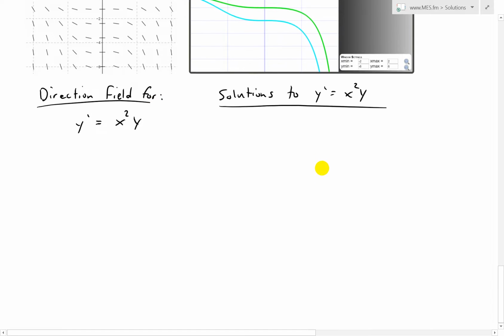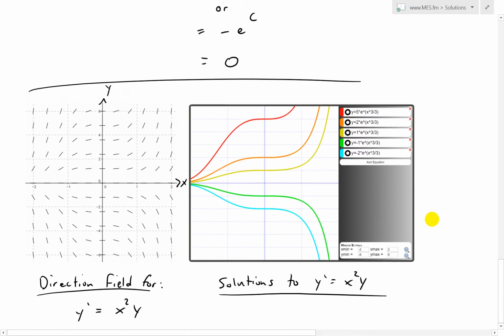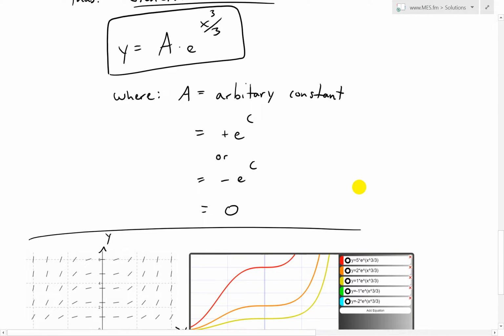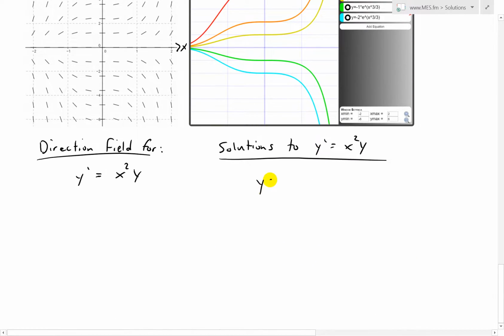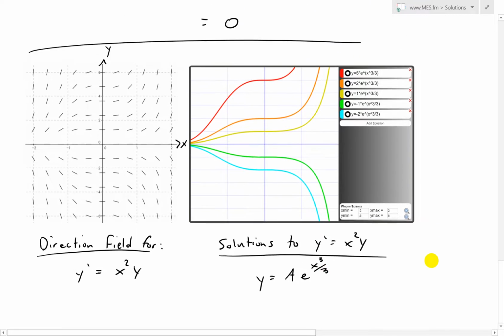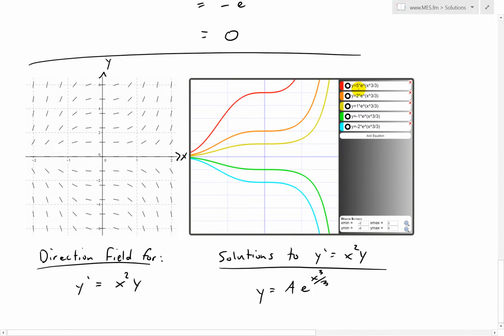These are solutions with different coefficients, different constants a right here. So these are y equals a e to the x cubed divided by 3. And as you can see on these equations, this first one is 5 times e to the x cubed divided by 3.